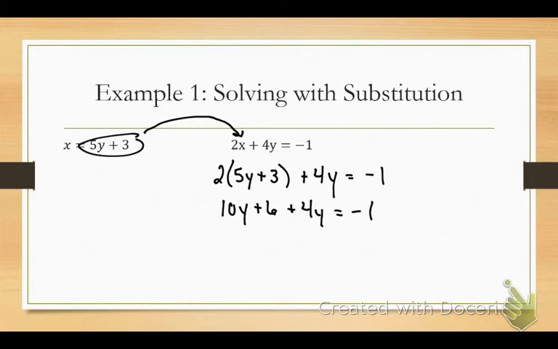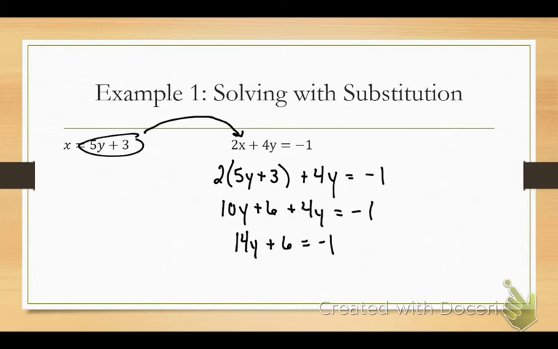So now on the same side of the equation, we see 10y plus 4y. When they're on the same side of the equation, you combine like terms. So you get 14y plus 6 equals -1.